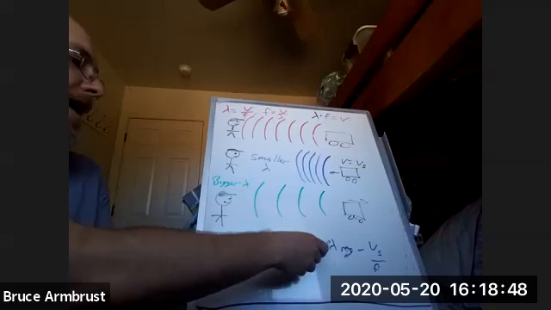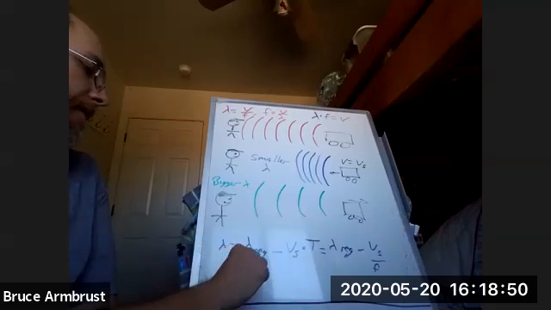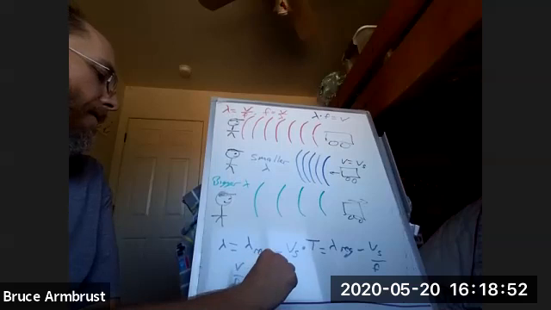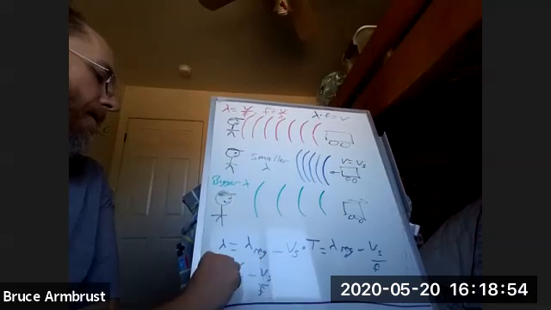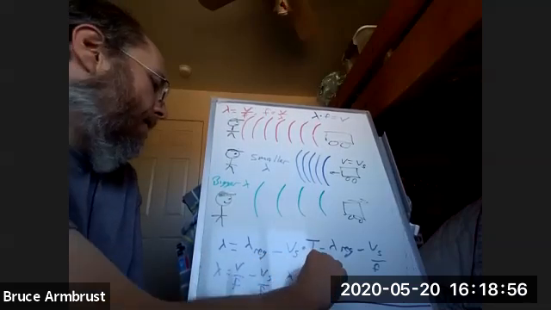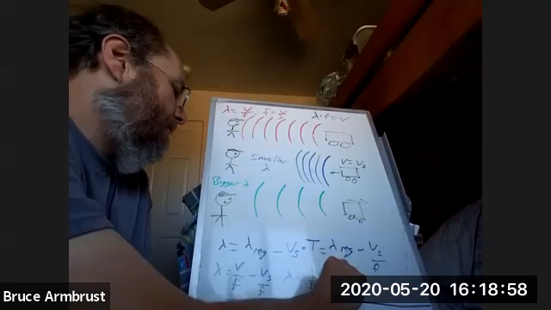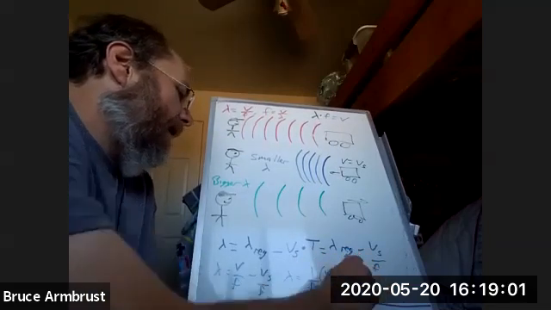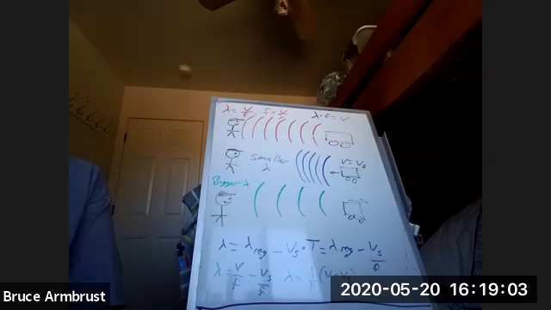So let's replace that wavelength as V over F. And so what we see is 1 over the frequency times V minus Vs. Okay, so that's our new wavelength.